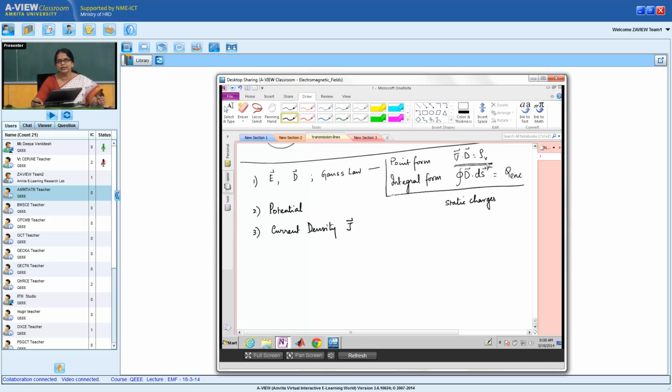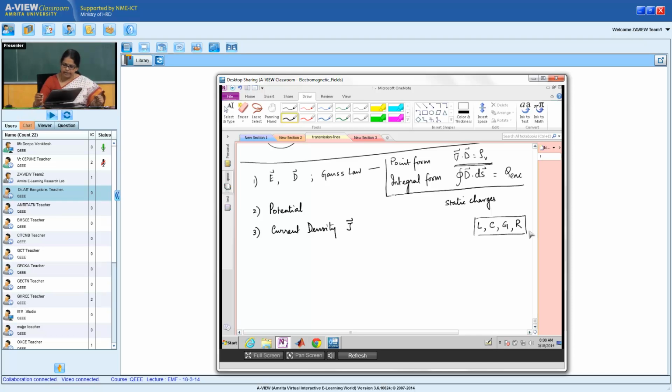We started doing transmission lines and the transmission line model, and we stopped at the point where we said we need to find out the inductance per unit length, capacitance per unit length, conductance per unit length, and resistance per unit length. To find all that, we want to learn about charge and electric field and magnetic field and so on.